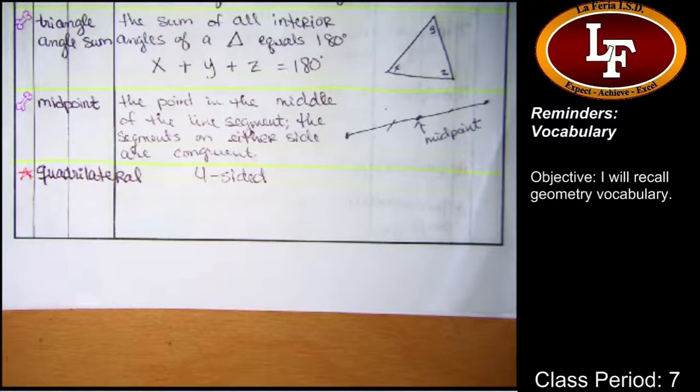Four-sided shape with straight lines. Okay, so we had on offer a four-sided shape, like a square or rectangle.